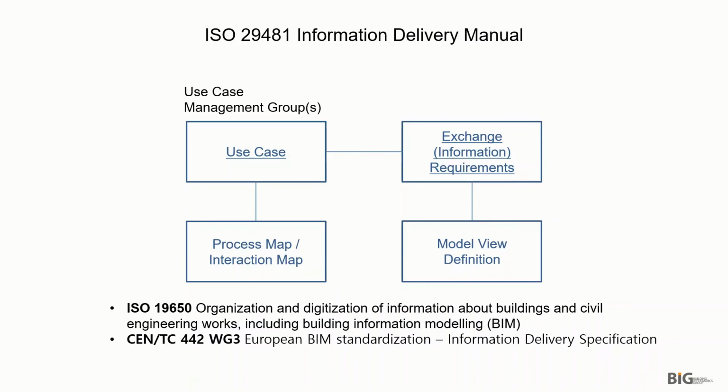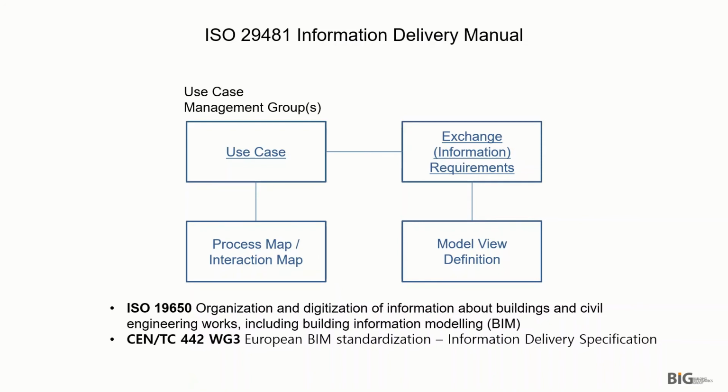Another one is the Information Delivery Manual. It's already a standard, 29481. Dash 1 is the main one, dash 2 is the supplementary one. And it defines the use cases and the information required by the use cases. The EIR is the information requirements.